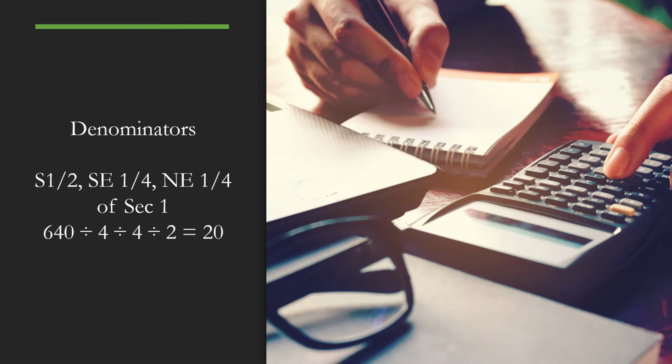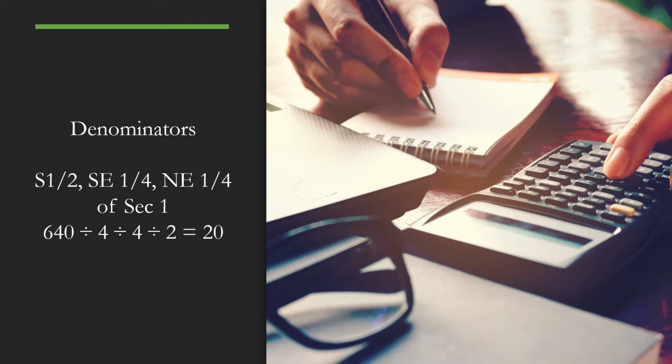For example, with this legal description, on the far right where it says Section 1, you would put 640 in your calculator and hit the divide symbol. Looking to the left, you see the first 4 for the denominator after the northeast 1/4. That is the 4 you would enter into your calculator. So you've taken 640 divided by 4.